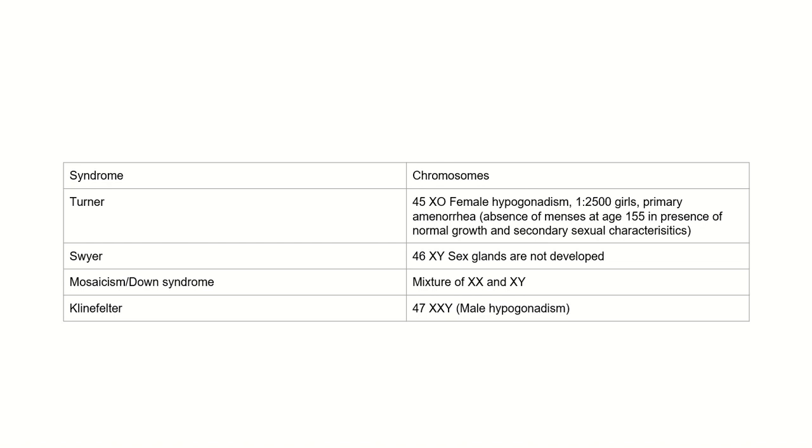There are some syndromes. Turner syndrome, in which there are 45 chromosomes, is also known as female hypogonadism, XO. 1 in 2500 girls suffer from this syndrome, in which in place of 2 X chromosomes there is only 1 X chromosome, and there is primary amenorrhea, that is absence of menses at age 15, but the growth is normal and the secondary sexual characteristics are there.